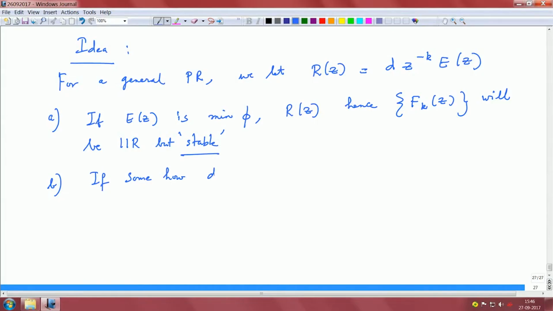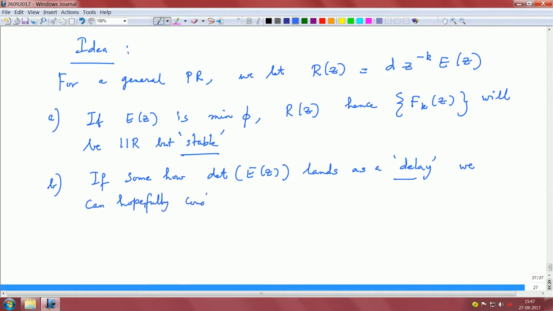The second point is, if somehow the determinant of E of z lands as a delay, we can hopefully construct FIR perfect reconstruction quadrature mirror filter banks.